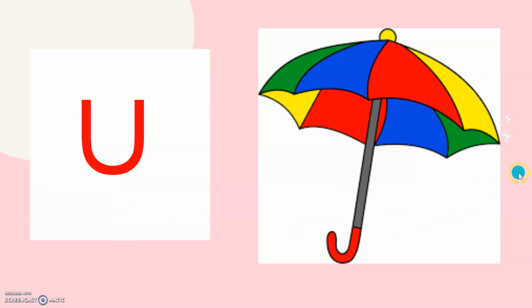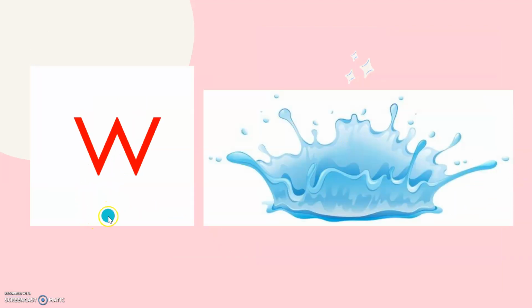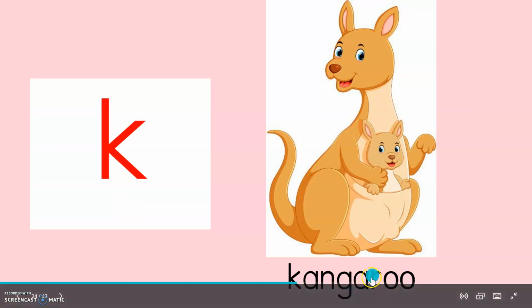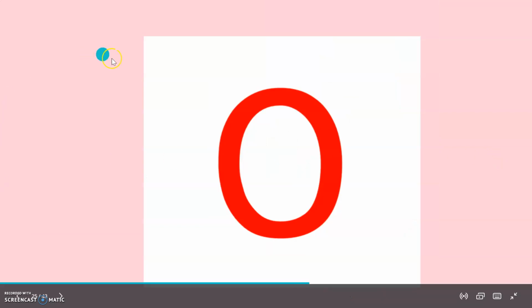U for umbrella. And this is W for water. And this is the second, right, K for kangaroo. And the sound that we want to learn today is O.